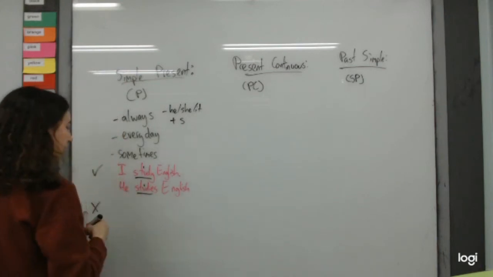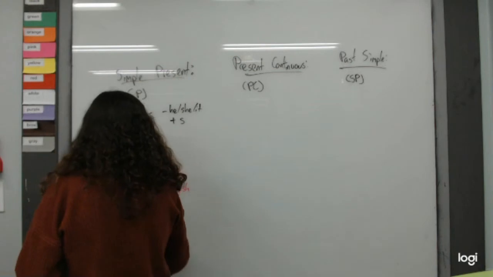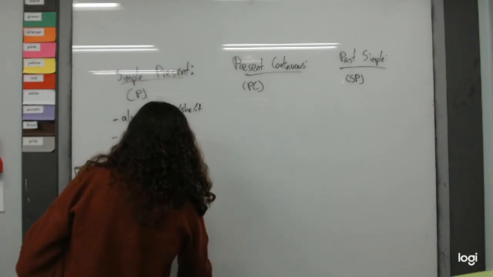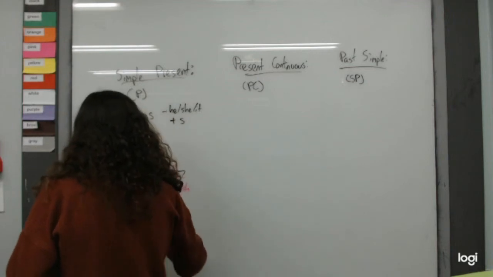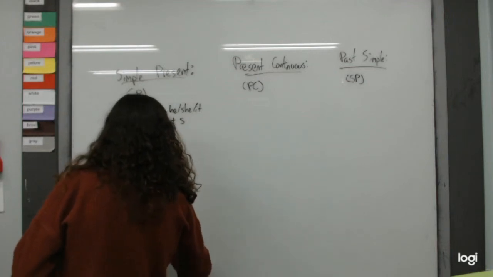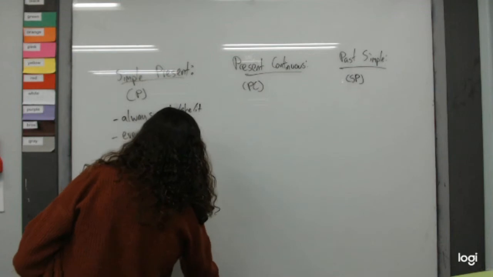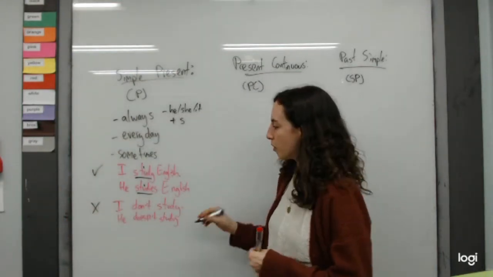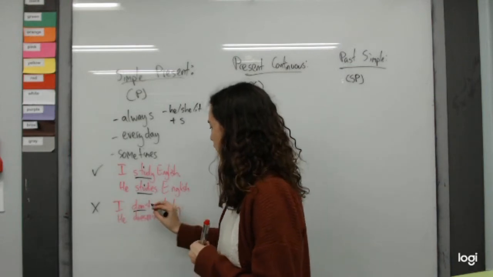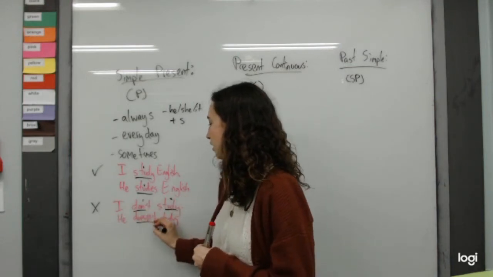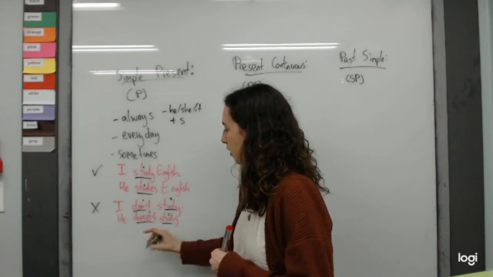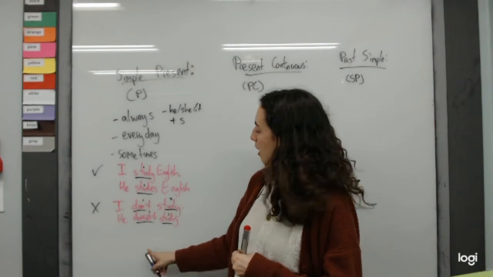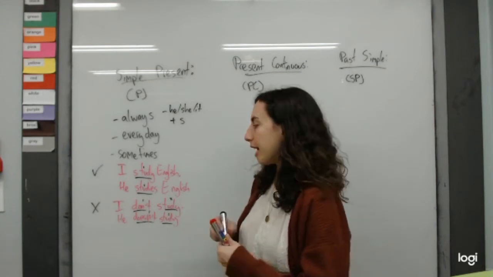For a no sentence, we can say, I don't study. Or he doesn't study. Okay? And this one, we have 2 verbs, do and does. And remember, the first verb takes the S, not he don't studies, he doesn't study, okay?